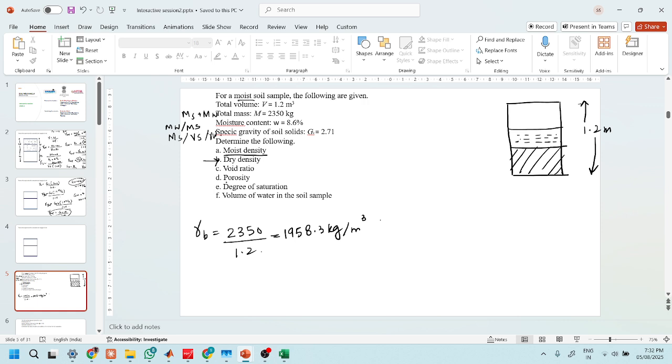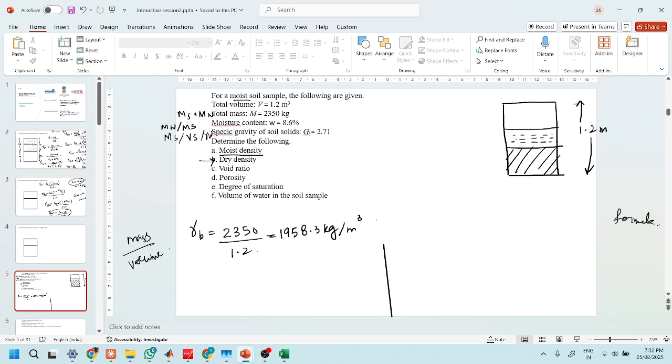Now we will try to calculate dry density. We will calculate dry density in two ways. First, we will simply take the mass by volume approach. Second, we will take the formula approach. So here we took mass by volume. Gamma D will be the mass of solids by total volume.